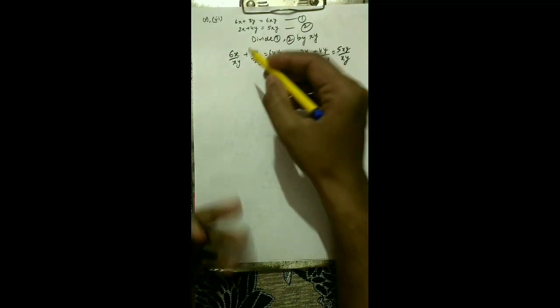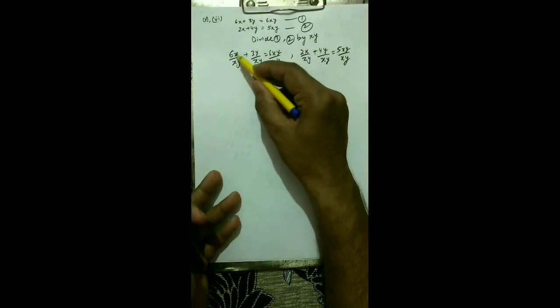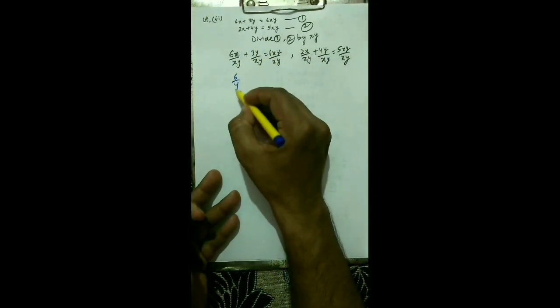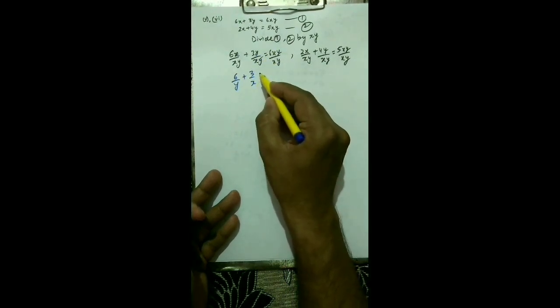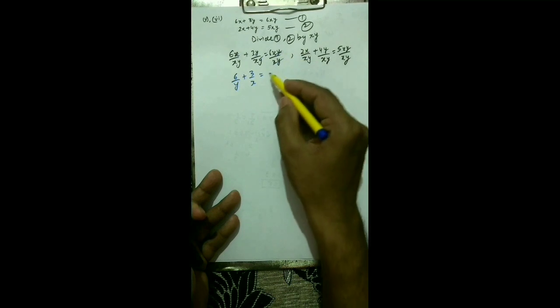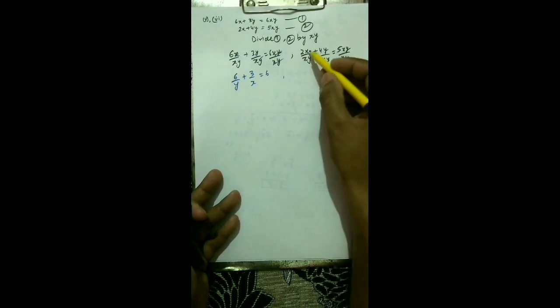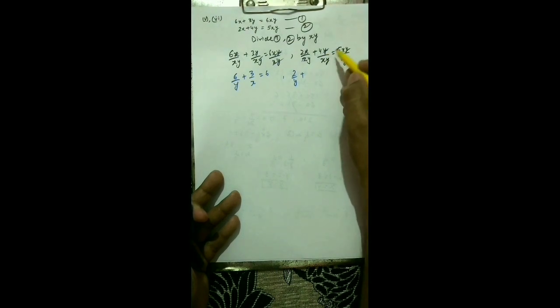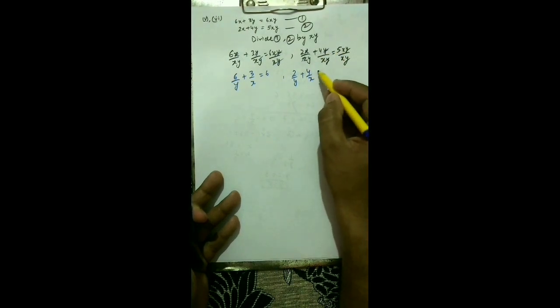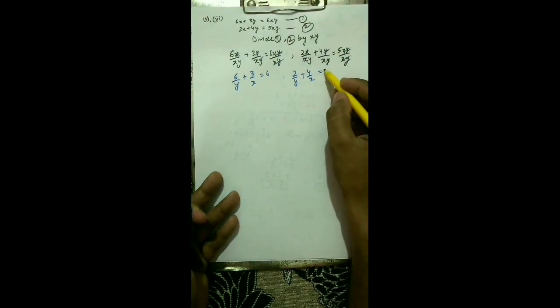The x got cancelled, so it becomes 6 upon y, and the y got cancelled, so this becomes 3 upon x, and xy got cancelled, so it becomes 6. So here you can see x gone, 2 upon y, here y gone, so this is 4 upon x, and this way it will be 5.